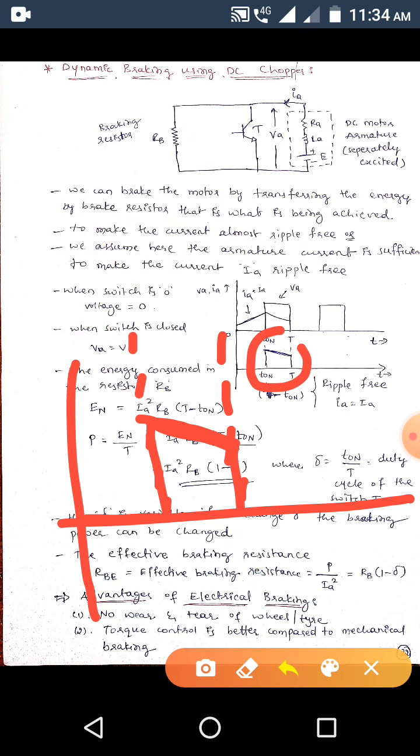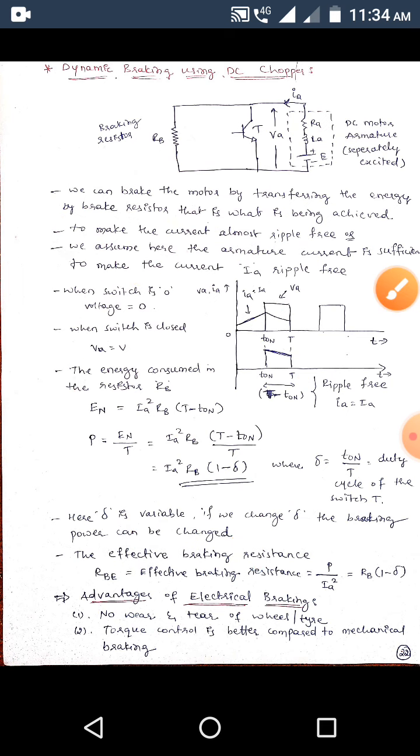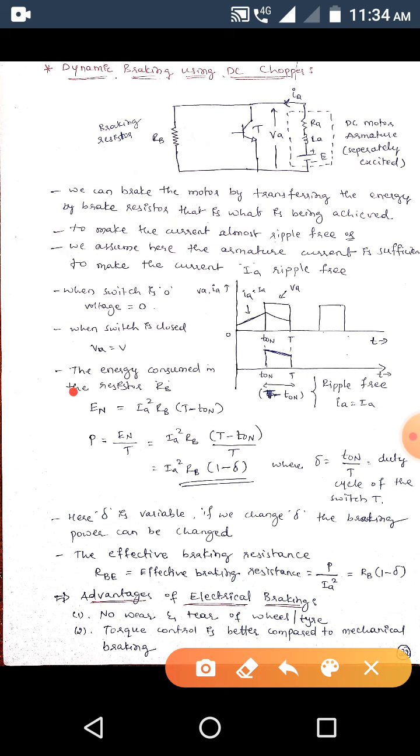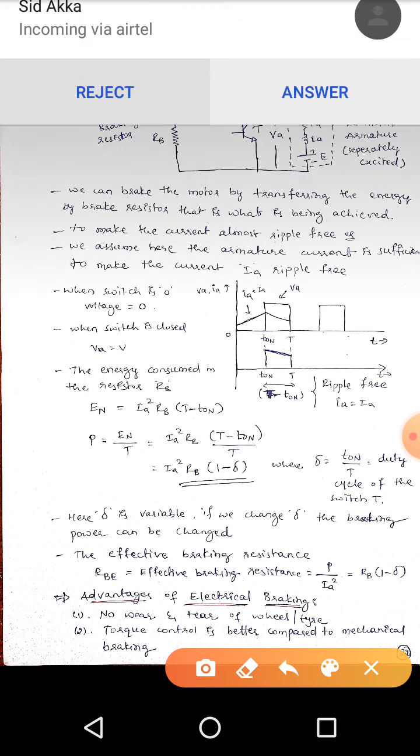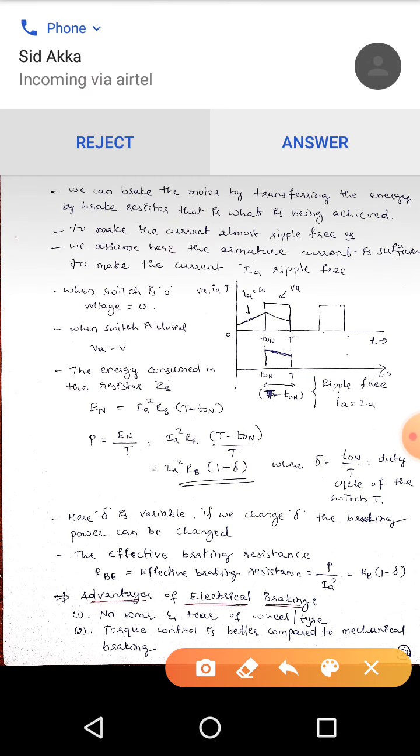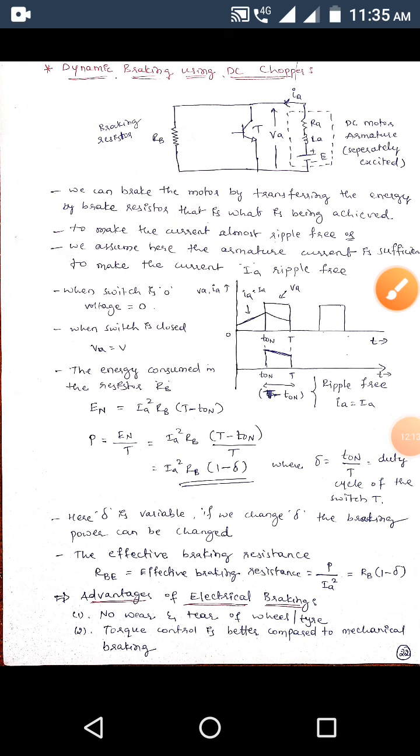Then we write the energy consumption in the resistor as En is equal to I square Rb into T minus T on here. Then we need to calculate the total power consumption by the motor here.